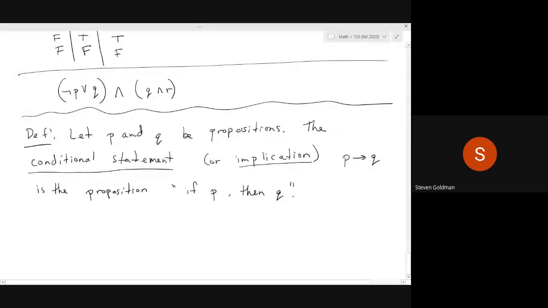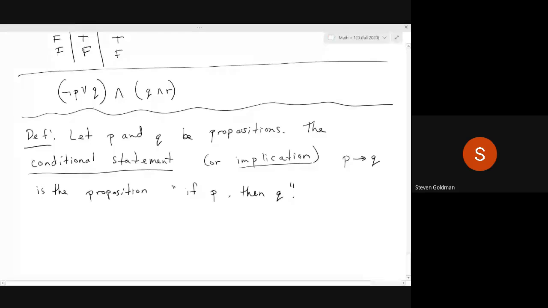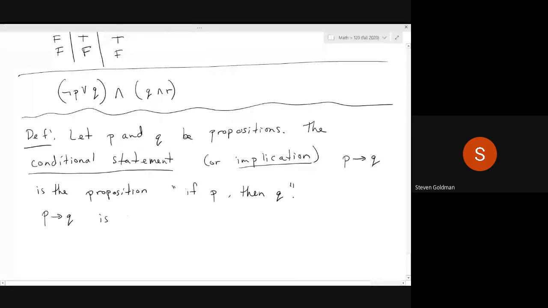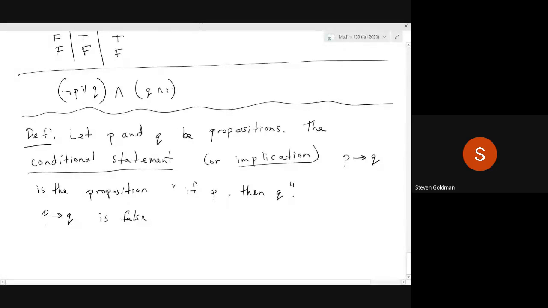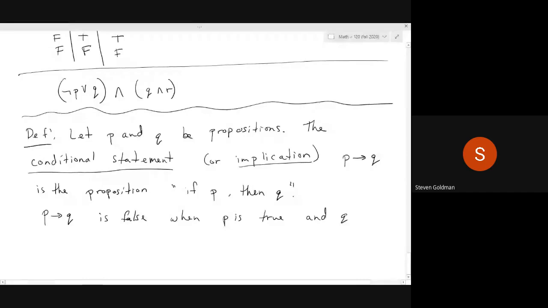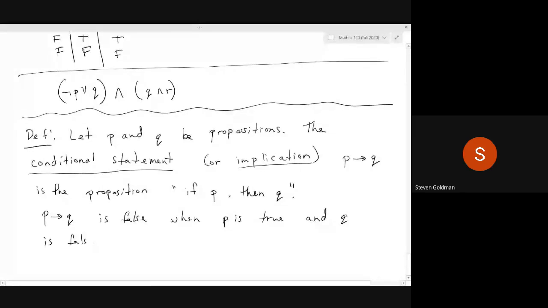Okay, so any sentence of this form, if P then Q, is called a conditional statement or an implication, all right? And it's denoted with that symbol there, a P with an arrow pointing at Q. Okay, if P then Q. If P then Q, that conditional statement, is false when P is true and Q is false, and true otherwise.